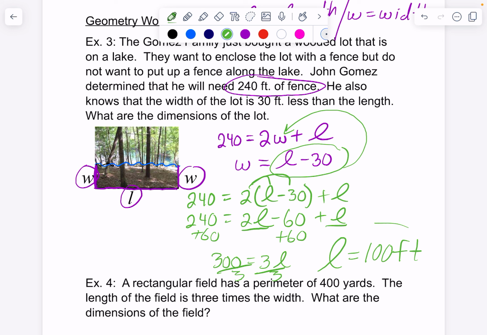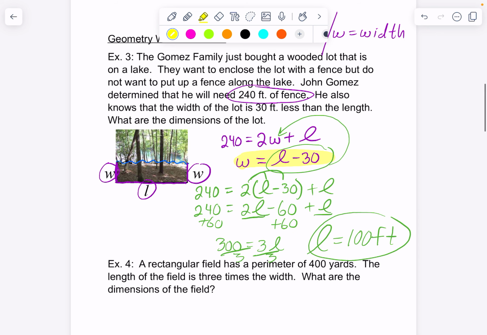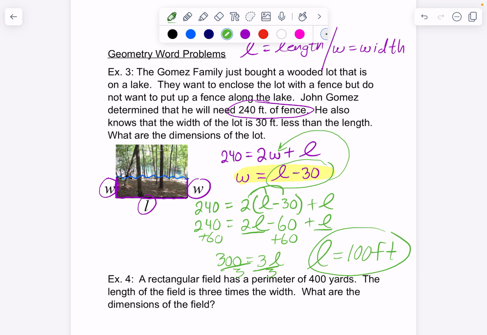So if the length is 100 feet, how do we find the width? We plug it into the width equation that we formulated. We know that the width equals the length of 100 minus 30. So the width is 70 feet.